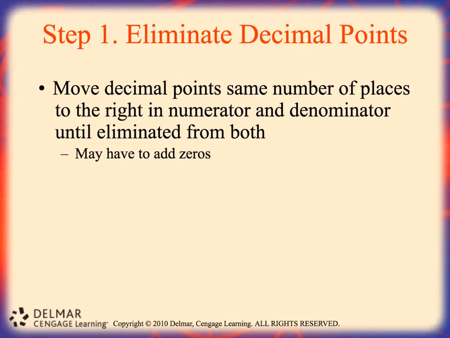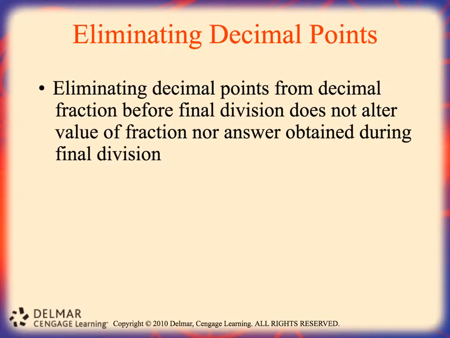Sometimes that requires that you add a 0. Eliminating the decimal points from a decimal fraction doesn't alter the value of the fraction nor the answer, as long as you move decimal points the same number of spaces in both the numerator and the denominator.